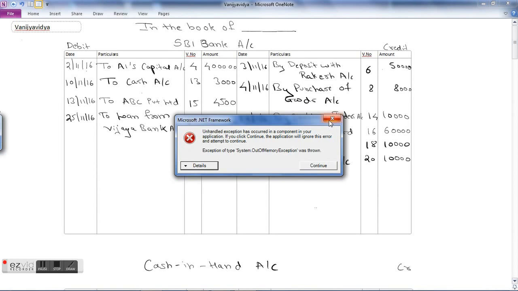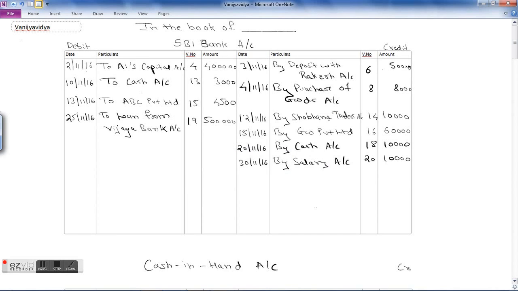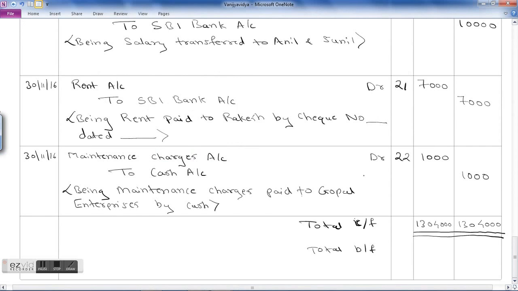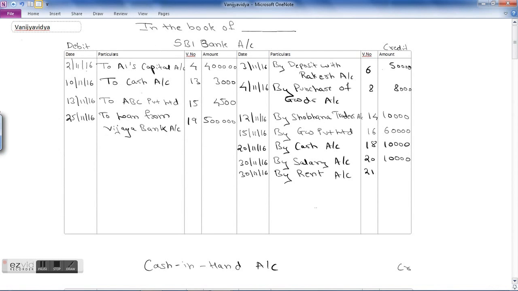Okay, date is 30/11/2016 by rent account and transaction number is 21, amount is 7,000.